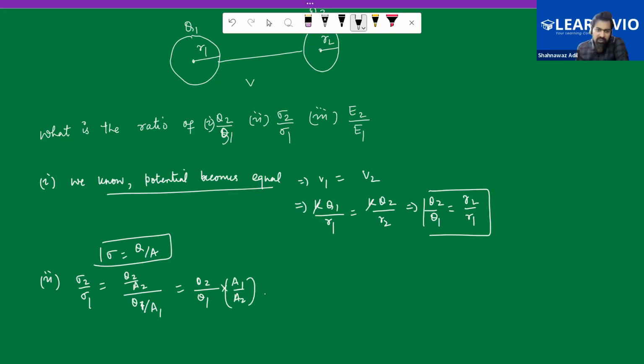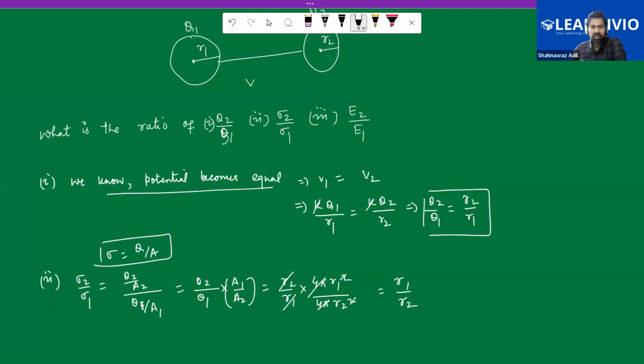Q2 by Q1 I already know, it is R2 by R1. What is the surface area of the first sphere? That is 4 pi R1 square, and the area of the second is 4 pi R2 square. So R2 and R2 cancel, R1 and R1 cancel. So this is R1 by R2. So this is sigma 2 by sigma 1, right?